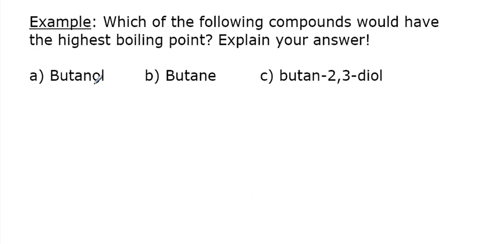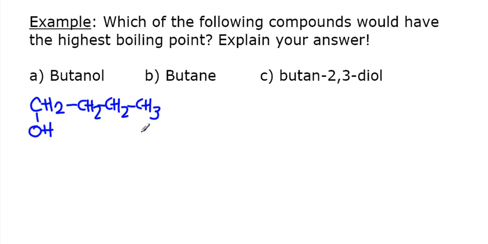Okay, we've got butanol. Butanol is an alcohol that's 4 carbons long. My hydroxyl group will be on carbon 1. You can point it up or down, it doesn't matter. Okay, this is butanol.